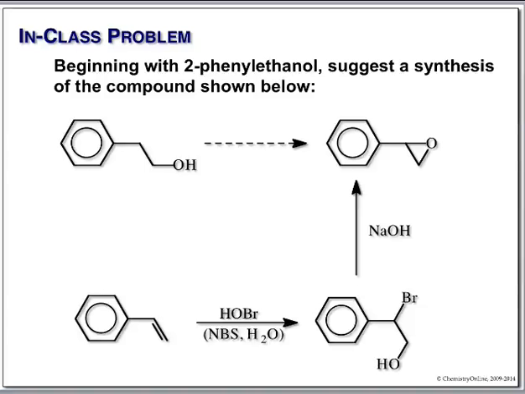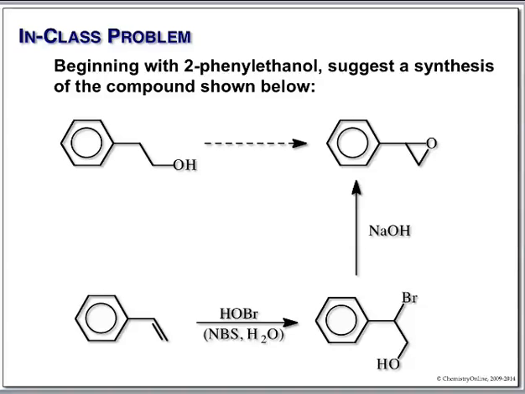Now, we have to figure out some way to get from our alcohol to the alkene. Remember, we just did a chapter on alcohols, didn't we? And there was one very nice reaction for making alkenes. It was an E2 elimination, wasn't it?